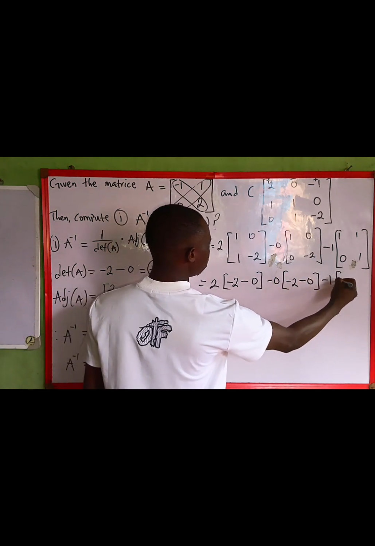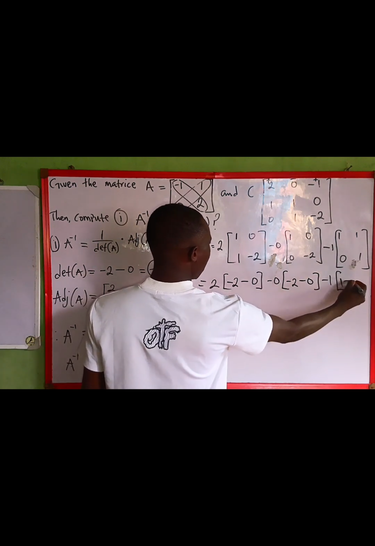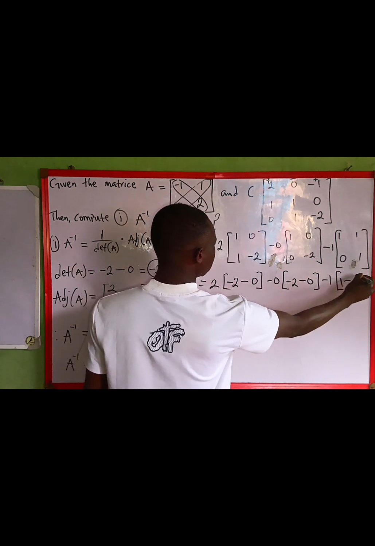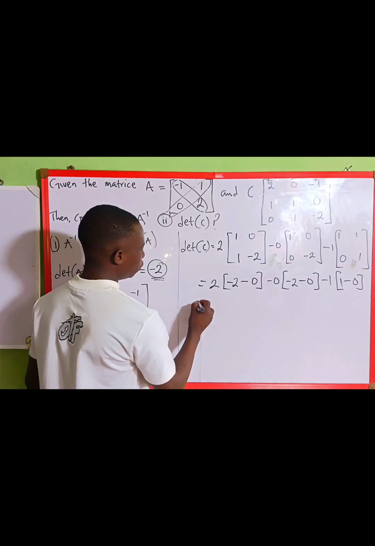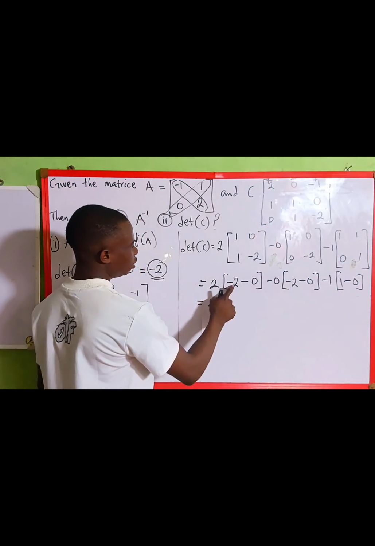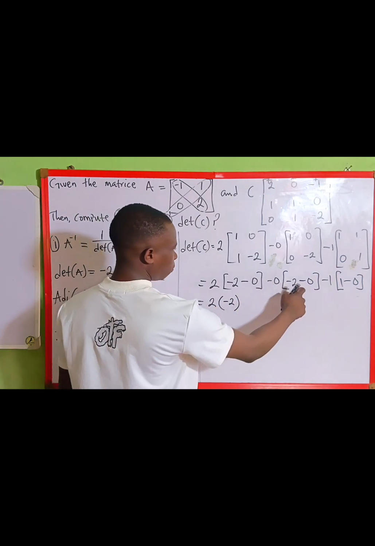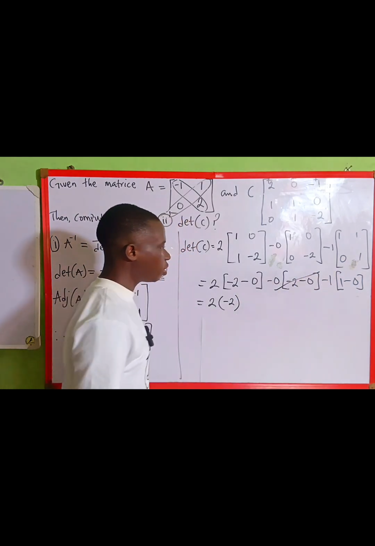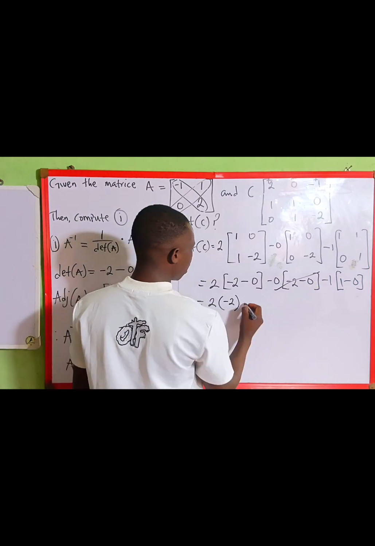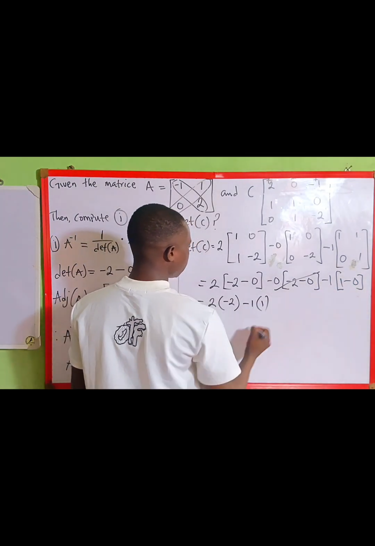Then minus 1 into 1 multiplied by 1 is 1. 0 minus 0 multiplied by 1 is the same as 0, which is going to be equal to 2. Then into the bracket of negative 2, negative 0 is negative 2. Then 0 multiplied by anything is the same as 0. So all the terms here are 0. Then we have negative 1 into 1 minus 0, which is the same as 1.